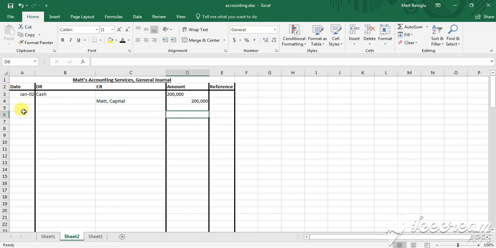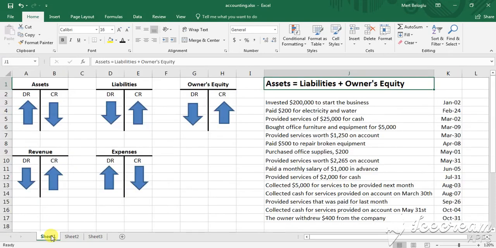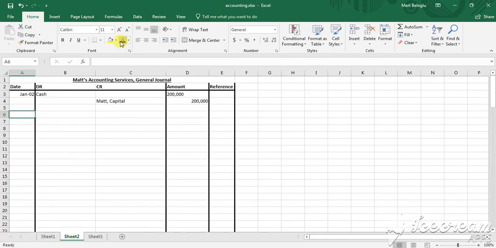Our second journal entry, if we go back to our list, is pay $200 for electricity and water on February 24th. So we have February 24th as our date.